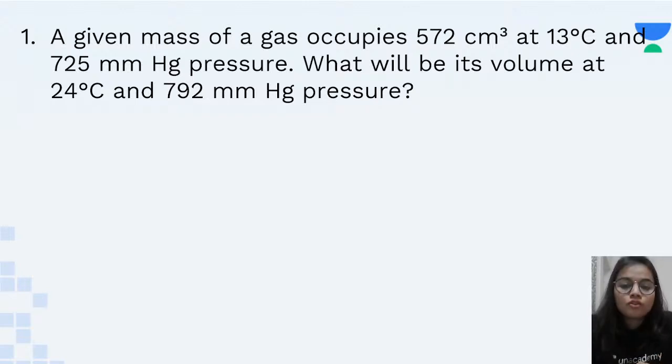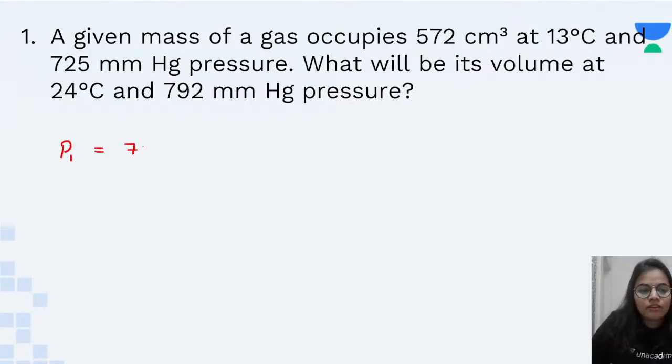Now, first of all, if we get numericals of this kind, it is very important to note what things are given to us. So, if we look carefully, what are the things that are given? First of all, we have been given P1, that is 725 mm of Hg.